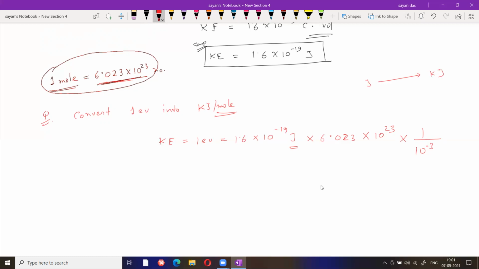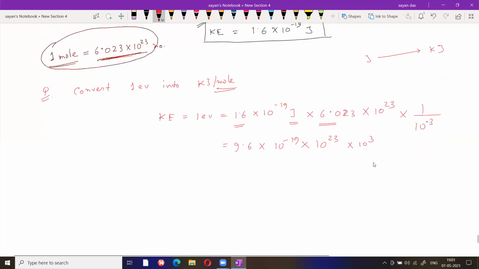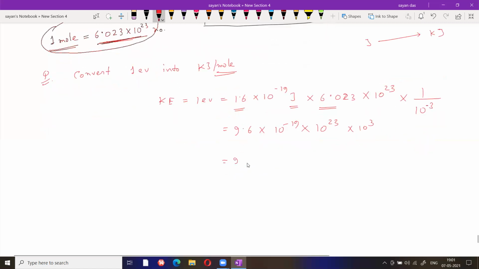Okay. Yes, sir. Just calculate 1.6 into 6. The value is 9.6 into 10 to the power minus 19, 10 to the power 23, and minus 3. When the minus 19 and 23 combine, this becomes 4, and with minus 3 it becomes 1. So the value is 9.6 into 10 to the power 1, that is 96 kilojoule per mole.